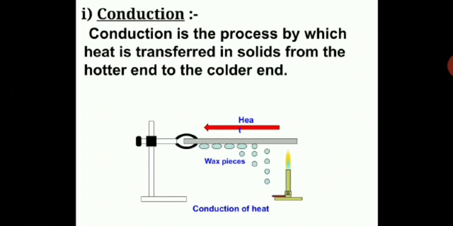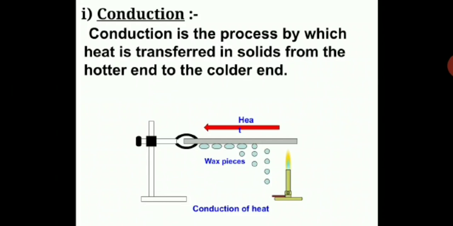Here you can see an experiment done where you have an iron rod clamped with a stand. So a stand is there and an iron rod clamped on it, and you keep pieces of wax, and then you light a burner at one end. What will happen?